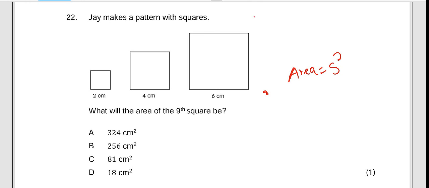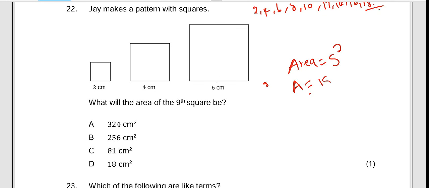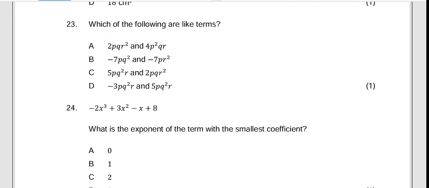If we calculate: 2, 4, 6, 8, 10, 12, 14, 16, 18, that is 1, 2, 3, 4, 5, 6, 7, 8, 9. It is 18. Meaning that the area of the ninth square is going to be 18 to the exponent of 2, and the answer is 324 centimeters squared. The answer is going to be A.